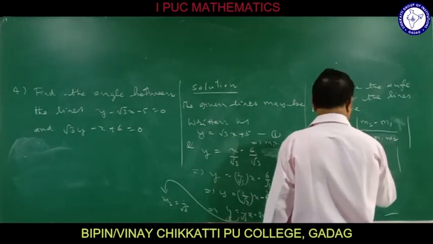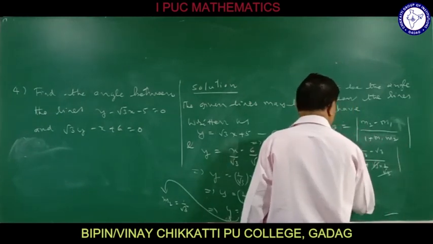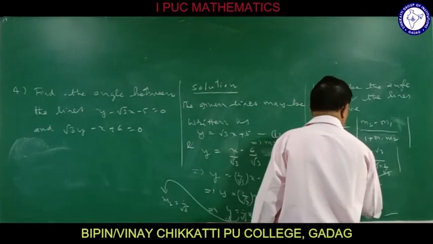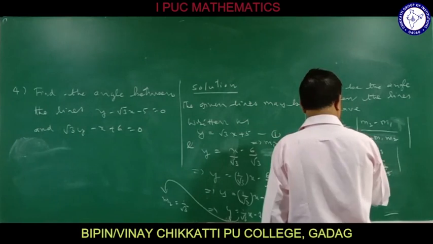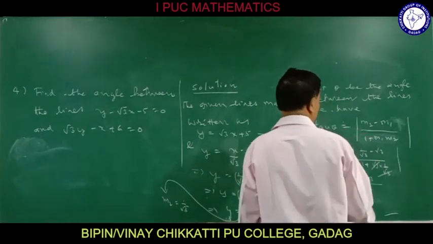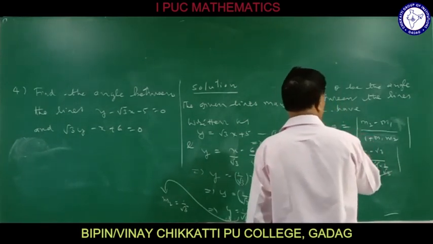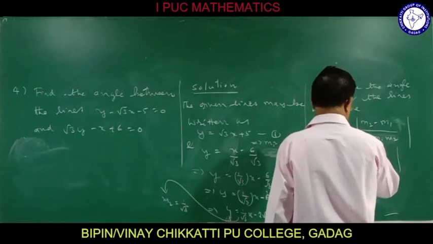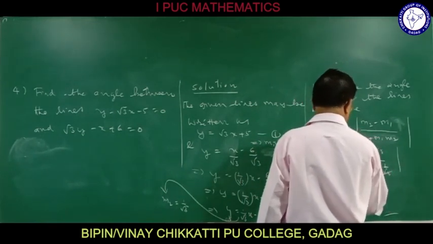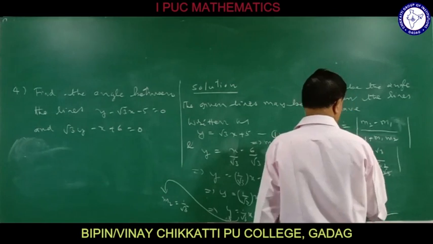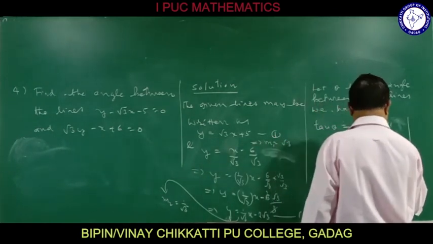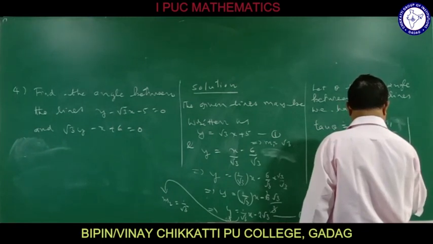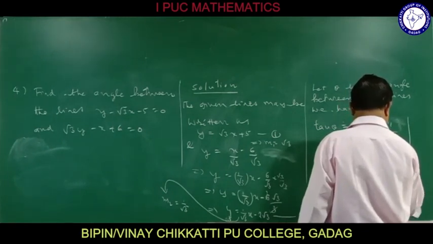Modulus. So you have to see this result, and the LCM is root 3. Here comes 1 minus 3, because root 3 into root 3 is 3, and divided by 1 plus 1 is 2. And try to understand this: minus 2 divided by root 3, divided by 2.